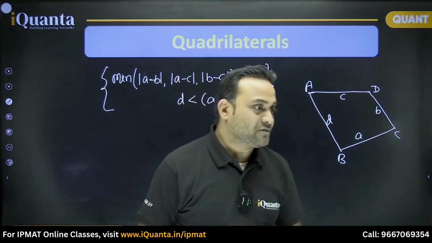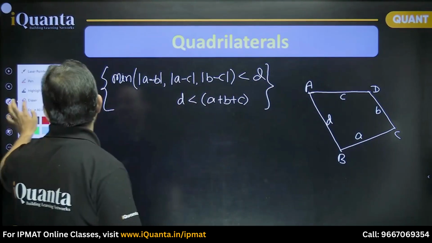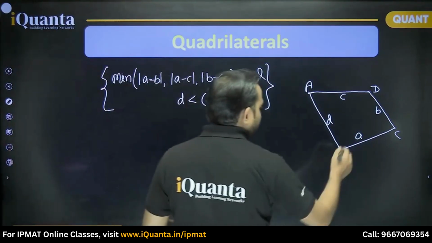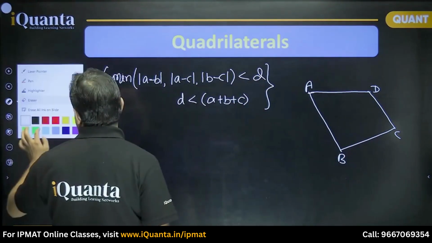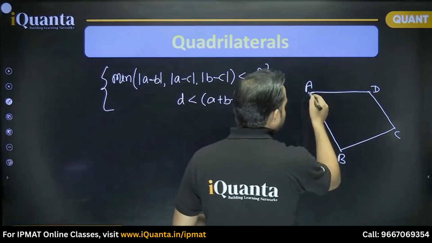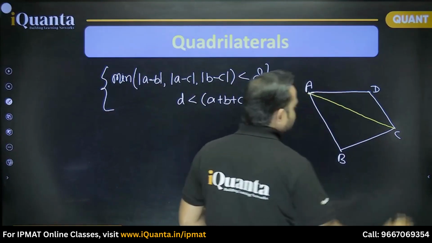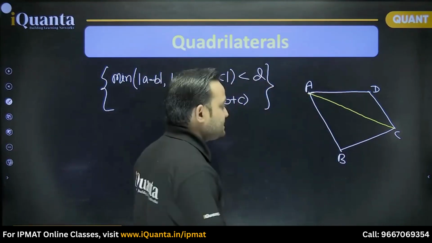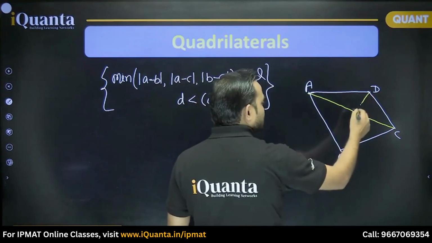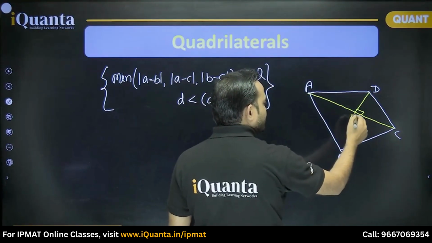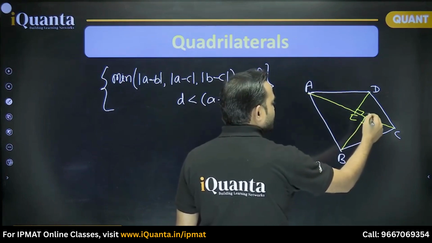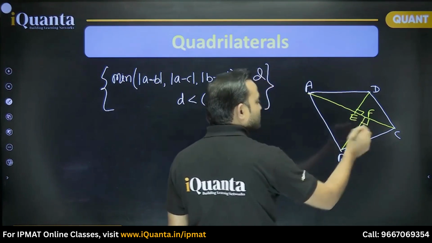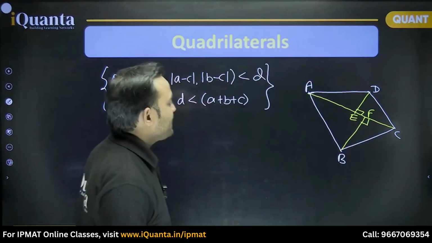Now apart from this, how do we find the area? Let's say there is a diagonal AC, and DE is perpendicular to AC, as well as BF is also perpendicular to AC. So how do we find the area?